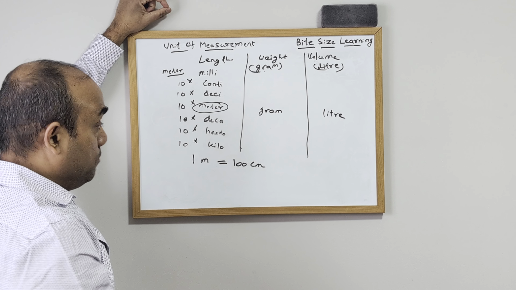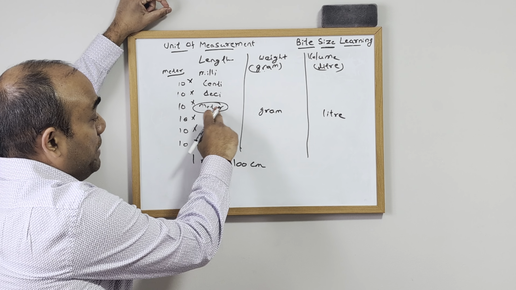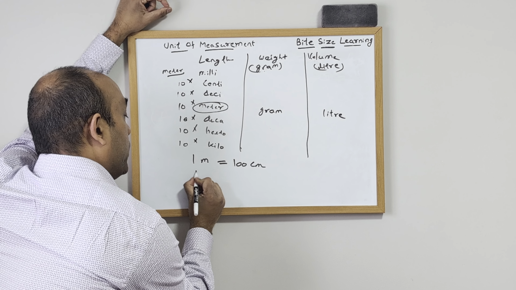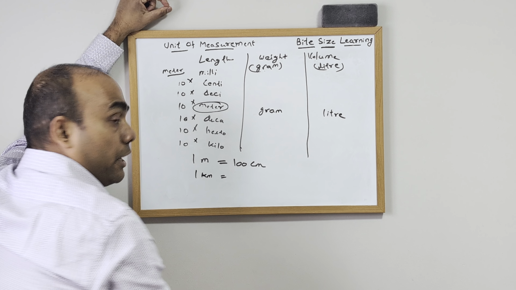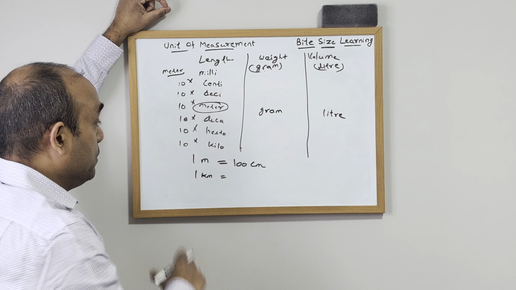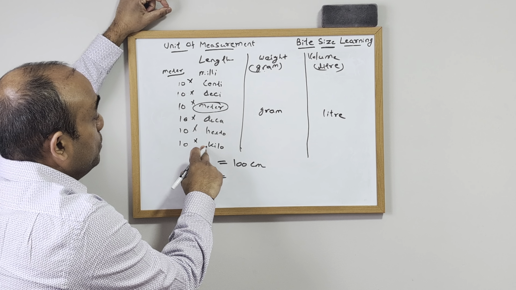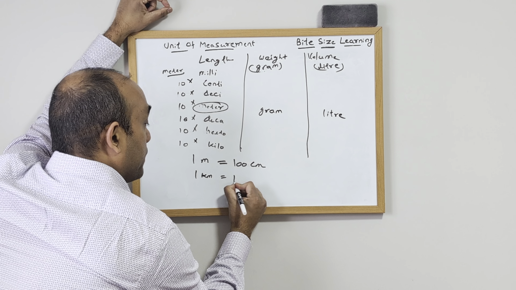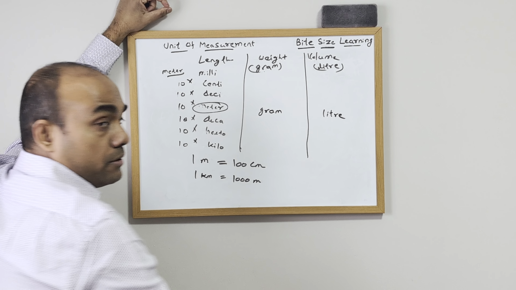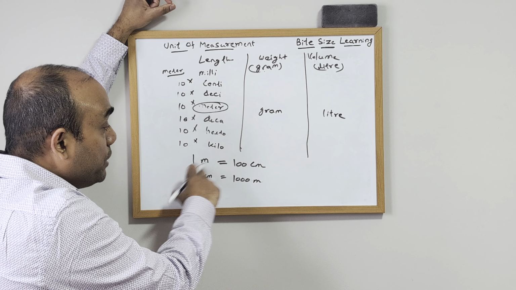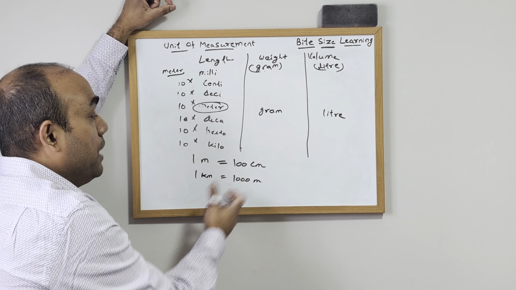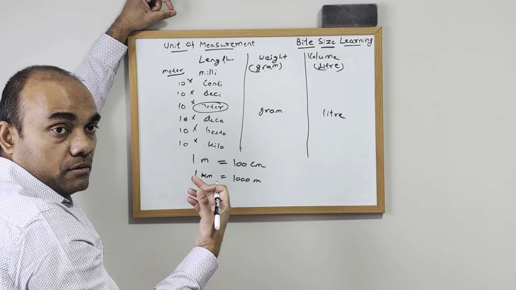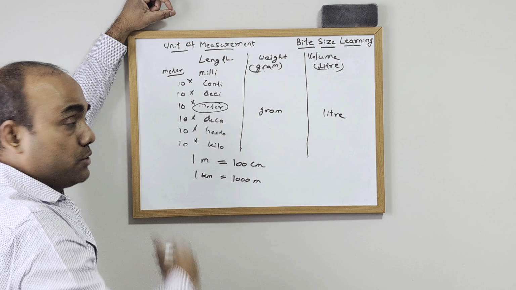If you want to know how many meter is there in a kilometer, so you have 1 kilometer and you want to convert that kilometer into meter. So from kilometer to 10, 10 and 10, so it's like 1000 meter. That's how you convert a bigger unit into a smaller unit, right? And this is again correct for the reverse as well.